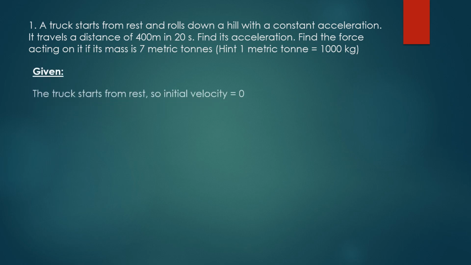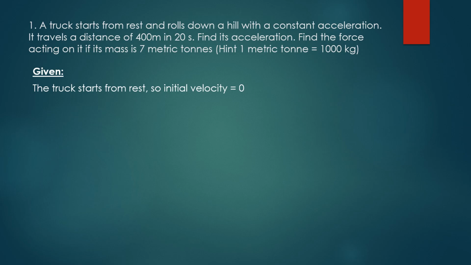Initially the truck is starting from rest, so the initial velocity of the truck, u, is 0. The distance traveled by the truck is 400 meters. The time taken for the truck to travel down the hill is 20 seconds.